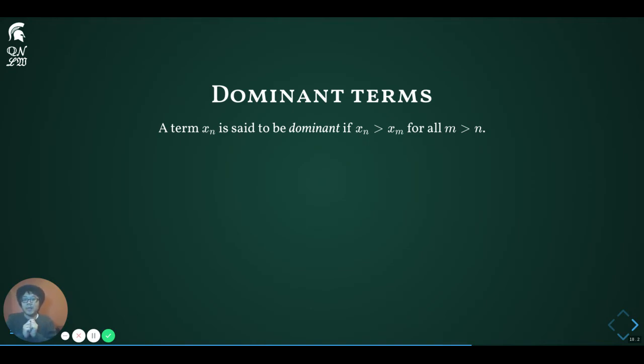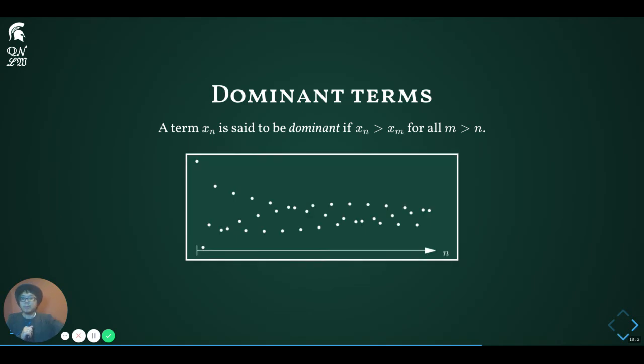So first, let us explain what is a dominant term. A dominant term of a sequence is a term that is bigger than all subsequent terms. Here, a picture may be worthwhile. Here I'm plotting a sequence. On the horizontal axis is the index of my sequence, with n increasing to the right.